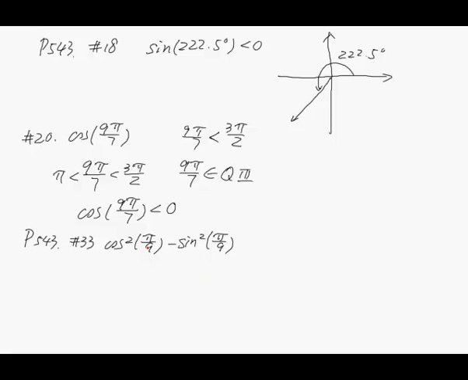So it's a cosine square x minus the sine square x. Cosine square x minus the sine square x equal to what? Cosine of 2x, right? So this guy is equal to cosine of 2x. So this is double angle identity for cosine.